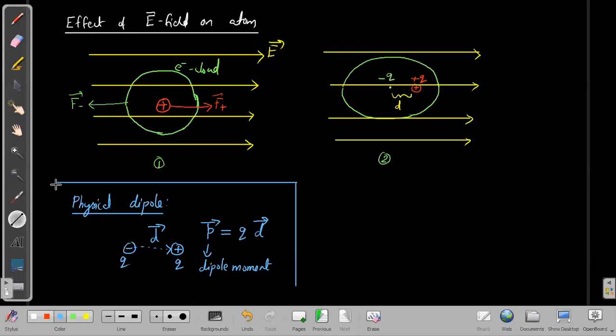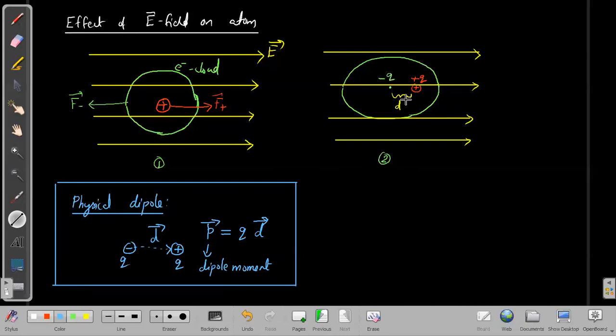You might have studied this definition in higher secondary itself. Equal amounts of opposite charges separated by some distance d, then we can define the dipole moment of that physical dipole as vector p equal to q times vector d, where vector d is a vector connecting the negative and positive charges.